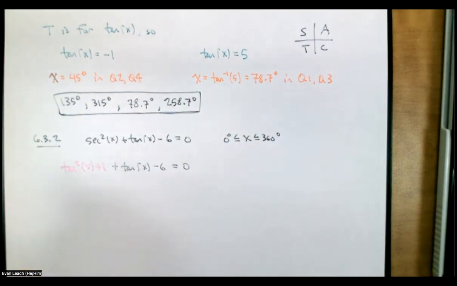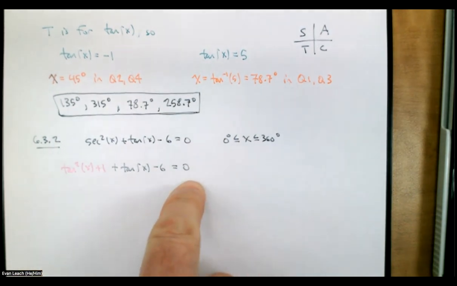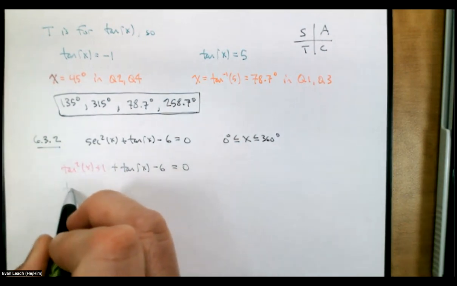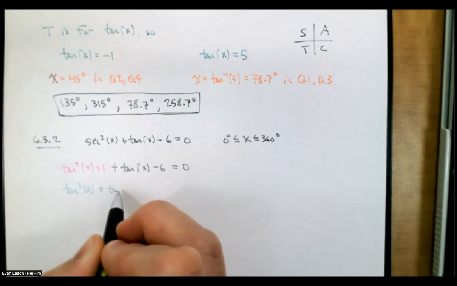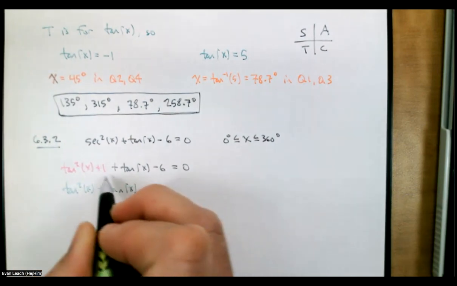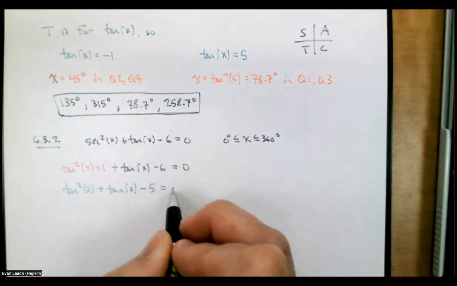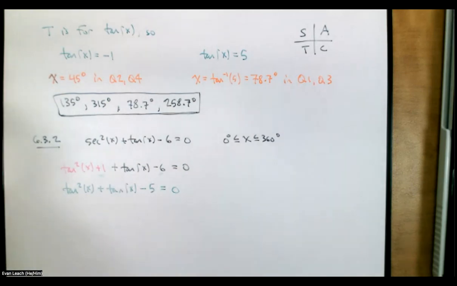This is going to be quadratic in tangent, so I'm going to want it equal to 0 like we have it. So I'll have tangent squared plus tangent minus 5 equals 0. The plus 1 and the minus 6 make the minus 5.